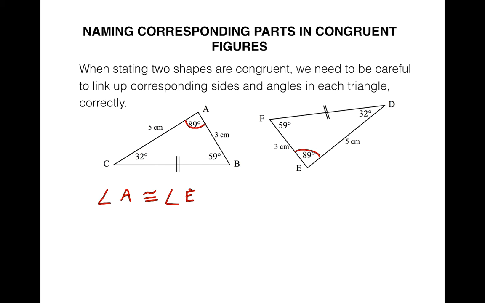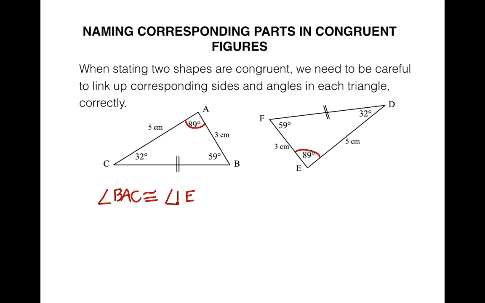But we can do a little bit better than this, because to appropriately name an angle, we need to have a look at the arms that create that angle. So I'm going to call angle A, angle BAC. So let's fill that in. And that's congruent to angle FED.